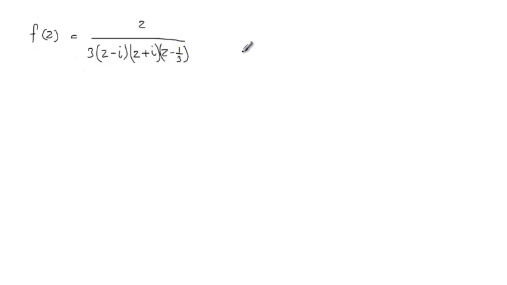Now we need the residue at z0 equals i. So in this case, we need to multiply our function by z − i.